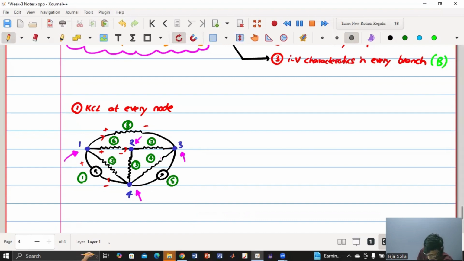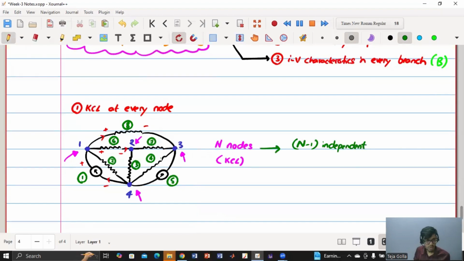So if you apply KCL for n nodes, you will get n minus 1 independent equations. Why n minus 1? That sir has discussed.